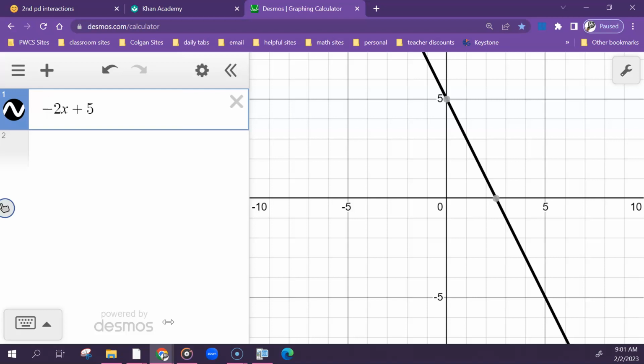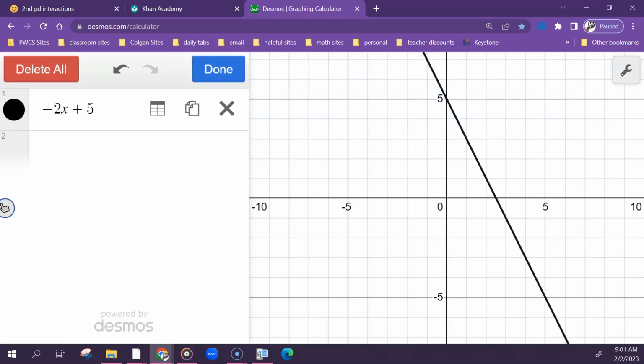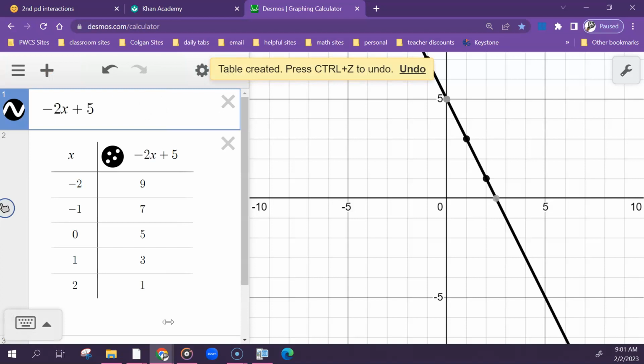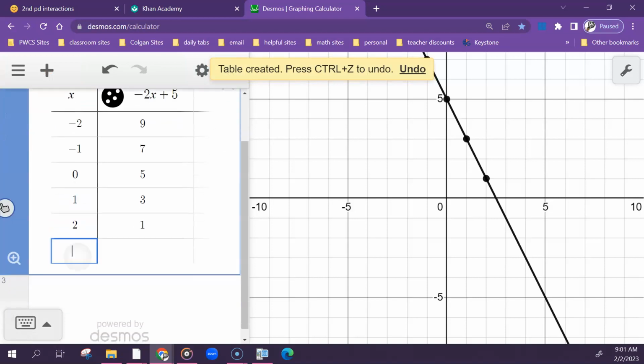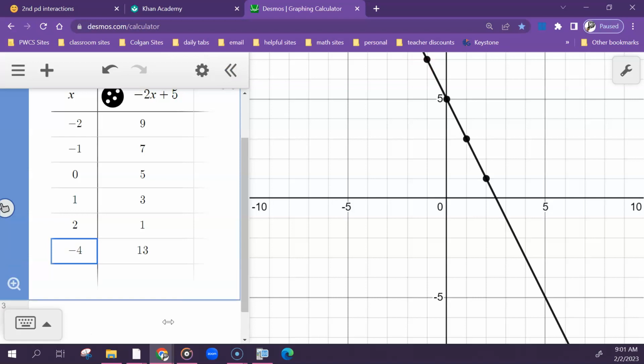You can put in y equals, you don't have to, doesn't matter. You could look at the points, zoom in and zoom out, or you could make this a table, go to your gear wheel, do this. But all of your values won't be there, so you'll have to add in more values. That's what I meant to do. Negative 4, negative 2's up there, 0's up there. You can also get rid of values.